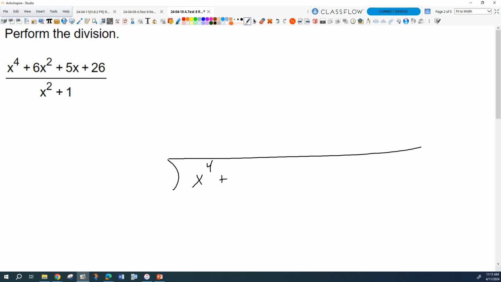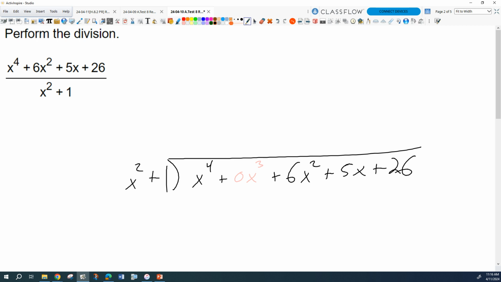Good, because I skipped the x cubed term in my numerator, so I have to include that because I need a column for my x cubes. Right. So I get 0x cubed plus 6x squared plus 5x plus 26. Okay, what goes out front? x squared plus 1. There you go.